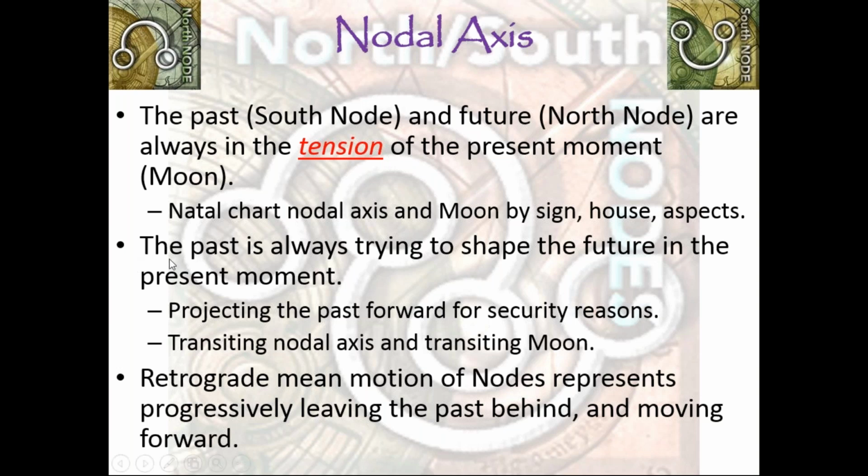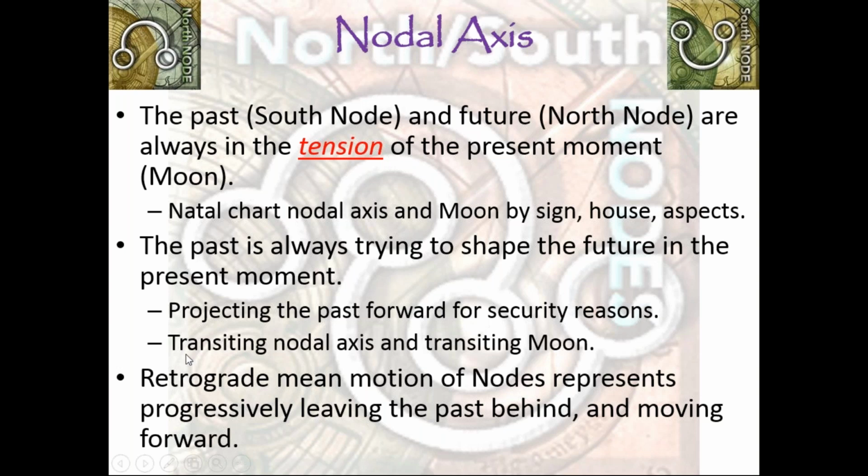And because of that inherent nature of the soul to be secure, even through this nodal axis or nodal Moon triune, the past will always try to shape the future in the present moment, meaning the past will try to project itself forward onto the future in any present moment. We do this again for those security reasons.